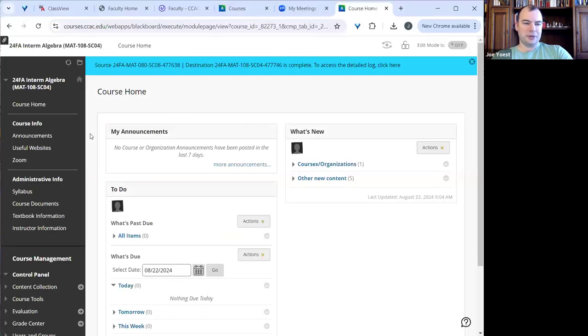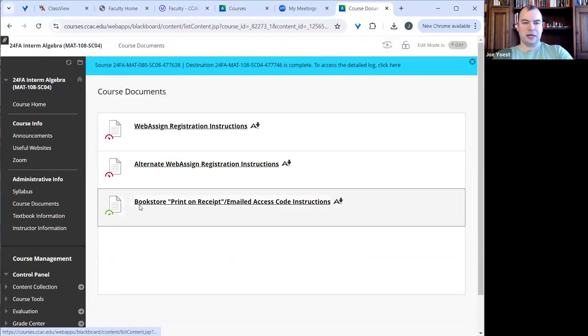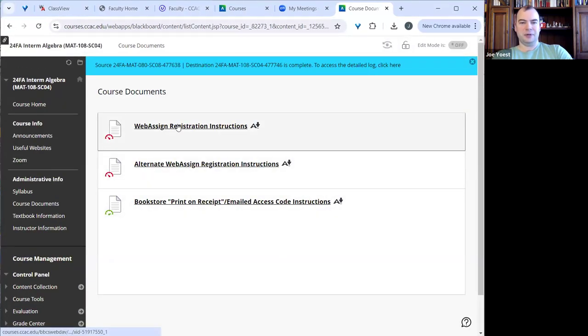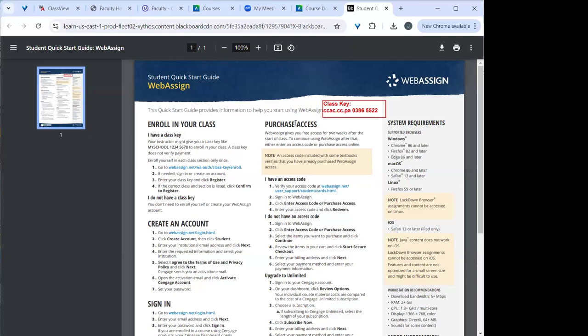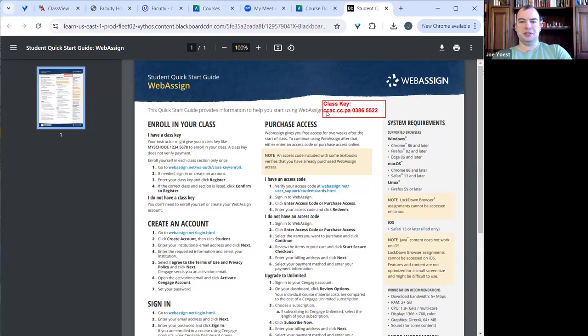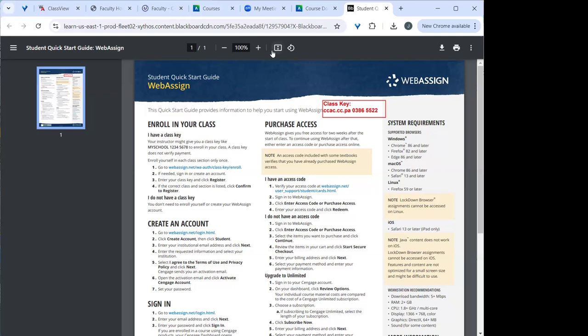If you're in Blackboard, go to course documents and WebAssign registration instructions, and the class key is up here. It's ccac.cc.pa, space, 4 numbers, space, 4 numbers. I put that in, but it didn't work. I'm going to try again though. Okay, make sure you include the spaces and this prefix, the ccac.cc.pa. If that doesn't work, send me a screenshot, and then we can investigate it. Okay, thank you. Yep, sure thing.